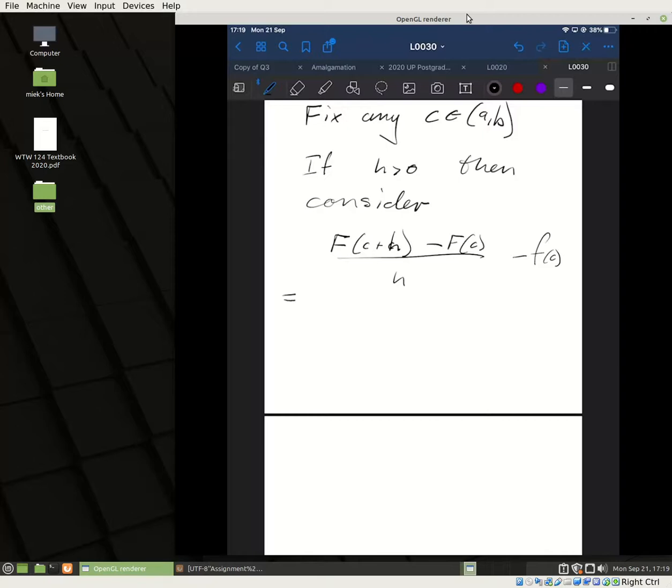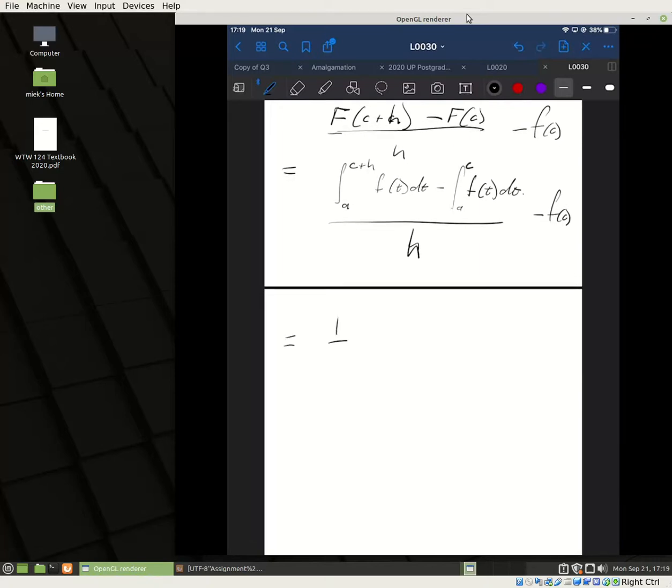Okay, so let us just write out the definition of capital F. That is defined as the integral from a to c+h of f(t) dt minus the integral from a to c of f(t) dt, all over h, minus f(c).